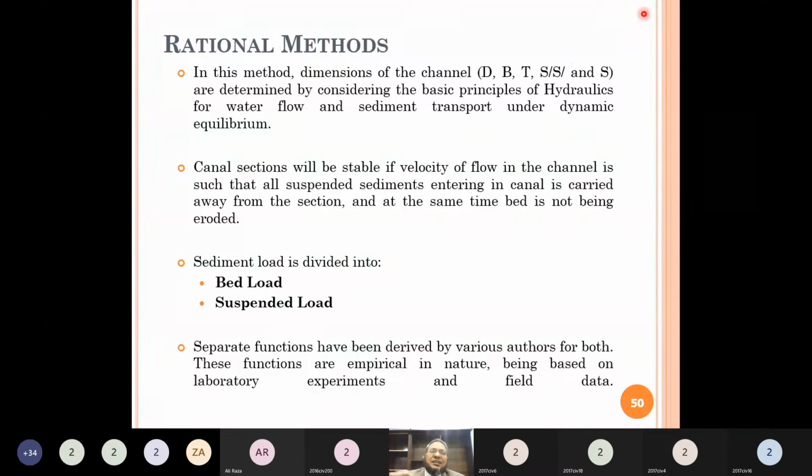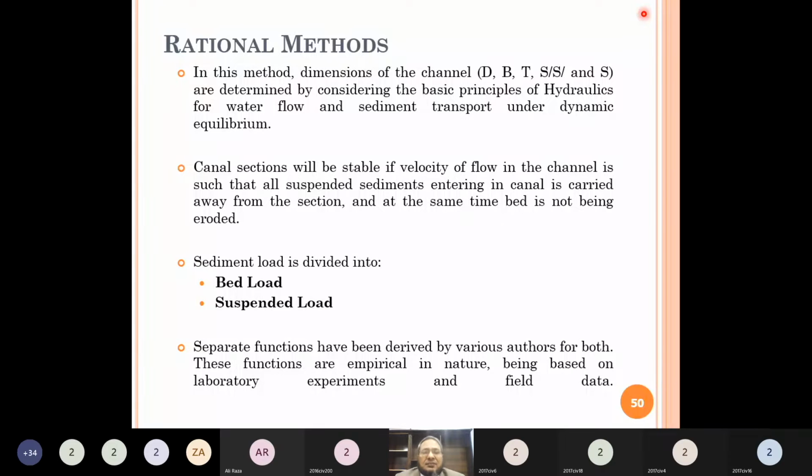In case of irrigation canals, we cannot raise the stage. For the same stage, if the cross-sectional area is reduced, what will happen to the discharging capacity of the channel due to this sediment deposition? It will be reduced. That is one of the major problems. And what is the next one? Scouring.